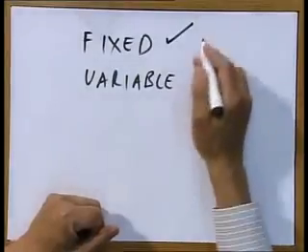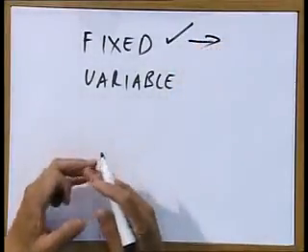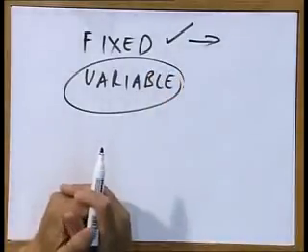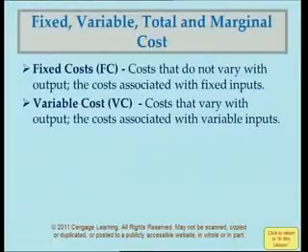Fixed cost is in relation to fixed inputs, like for example the rental that you have to pay for a factory or land, that remains constant. So that is fixed irrespective of how much you produce or what your output is, right? That cost doesn't vary with output. And then variable costs, as you can see on the slide there, are costs that vary with your output, the cost associated with variable inputs.